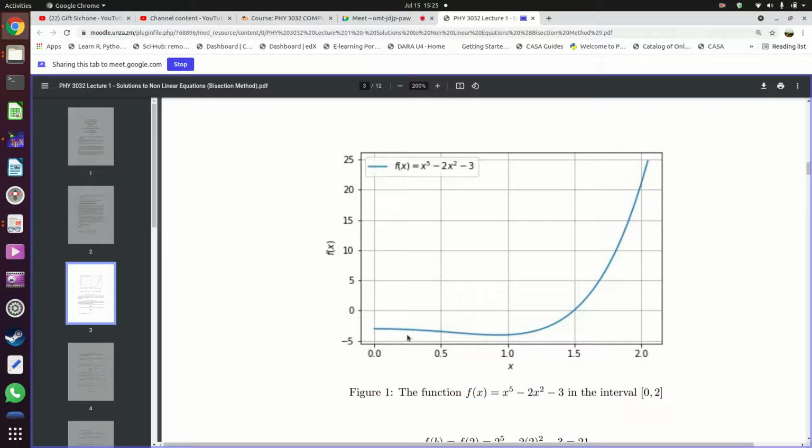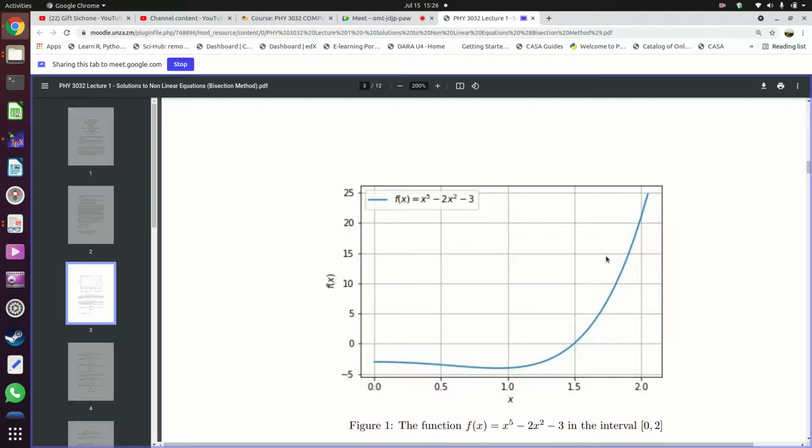Since in this bracket there is only supposed to be one solution, you find out the value of the function at A, and the value of the function at B. If the value of the function at A is positive and the value of the function at B is positive, then it means that throughout this bracket, the function is positive. Now, in this case, the value of the function at A is negative and the value of the function at B is positive. It means that the function has somehow crossed the x-axis. Are we clear?